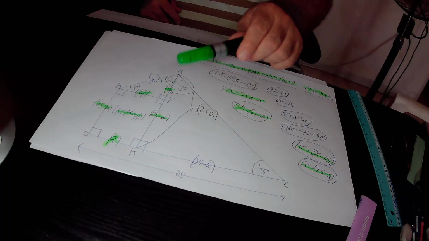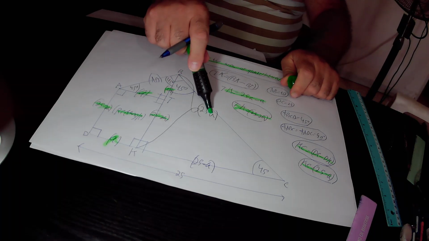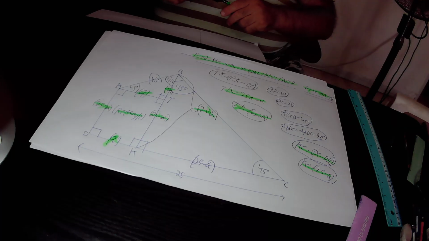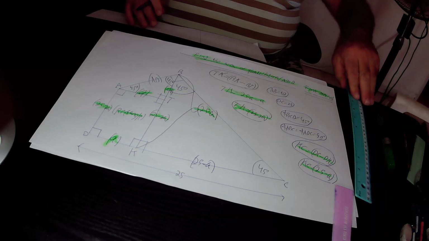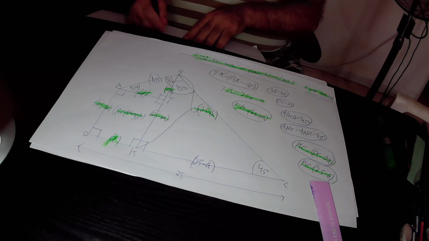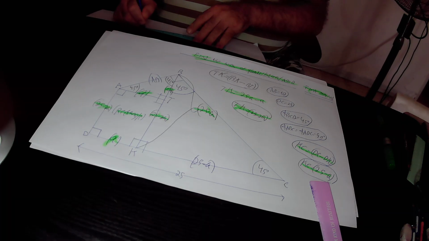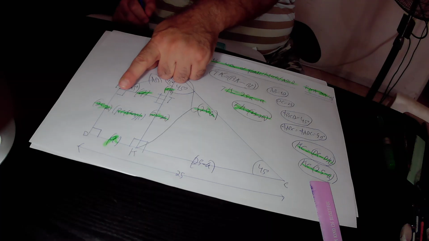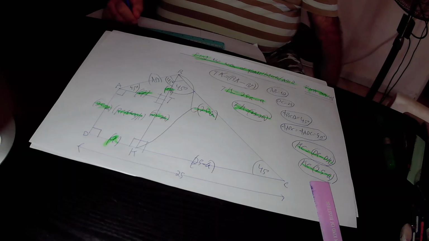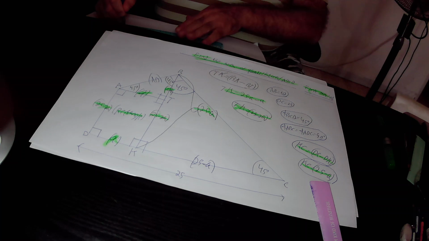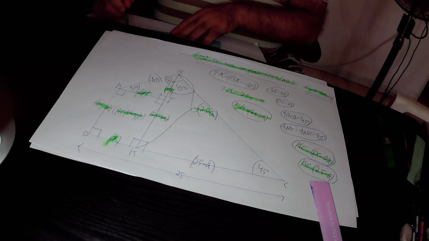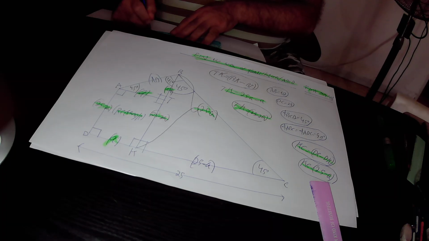BK equals 25 units in its length, plus AD. AD equals 25 minus 2a units in its length. Times AT, AT equals a, divided by 2.